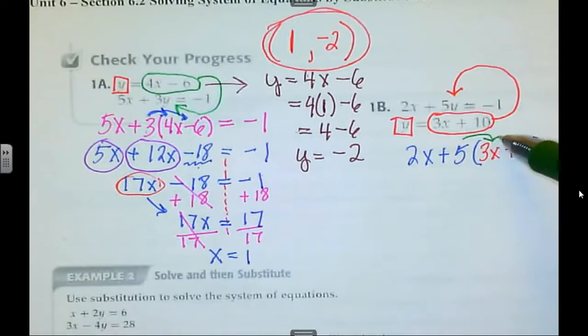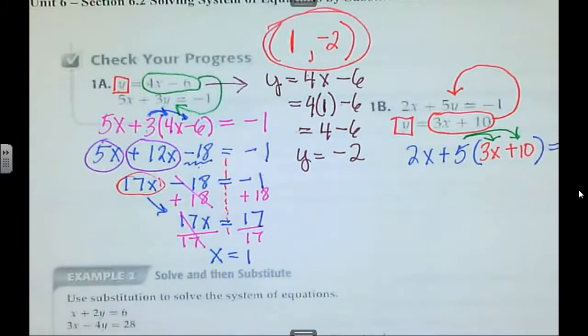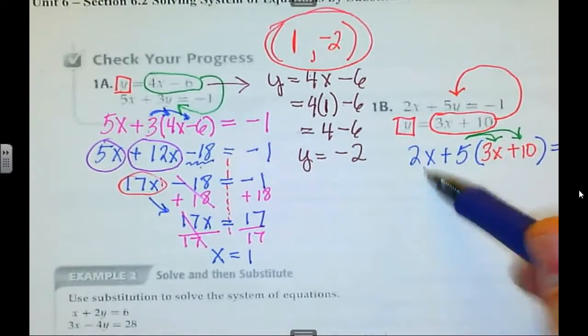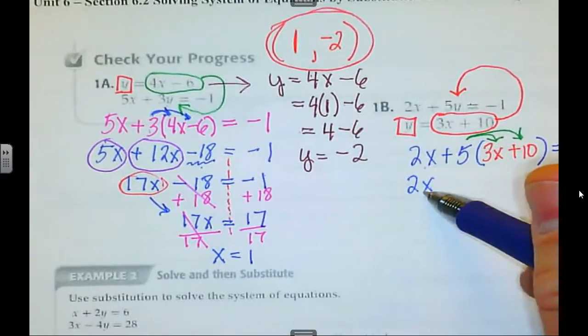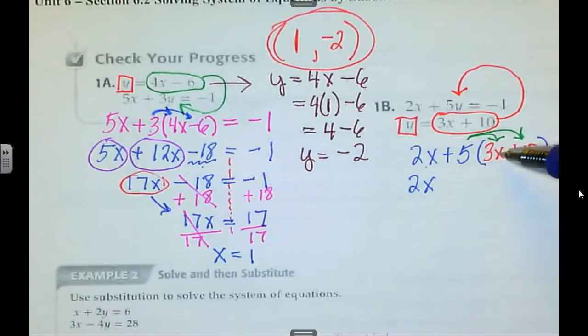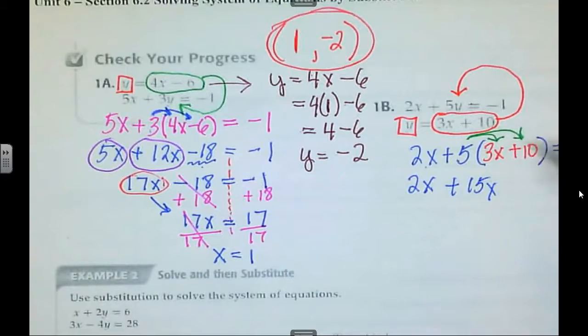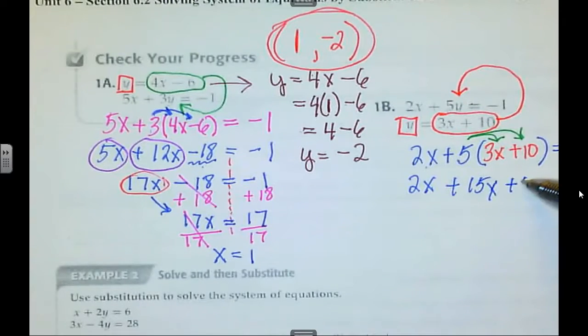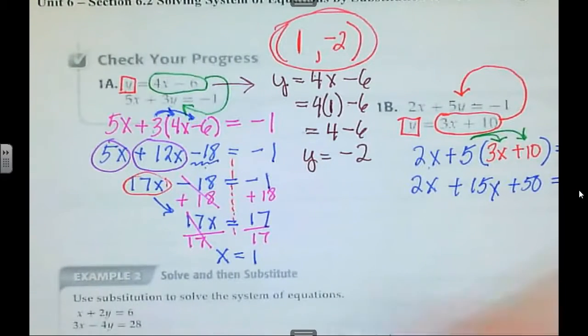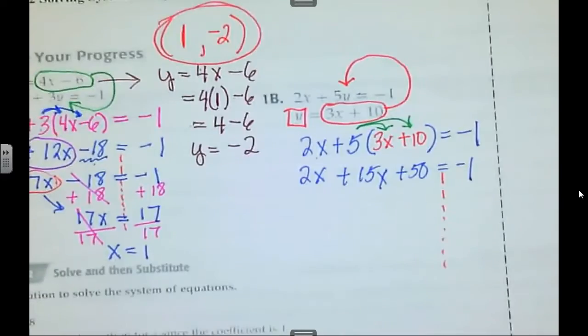Okay, I'm going to have to distribute. Not doing anything with the 2x, just bring it down. Positive 5 times 3x, 15x, good. 5 times 10. Okay, combine like terms on the same side of the equal sign.